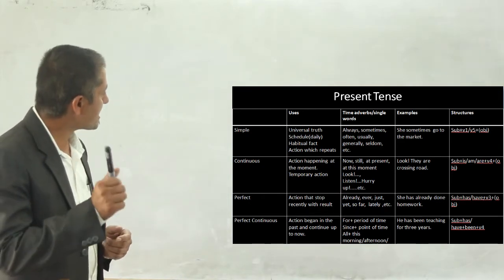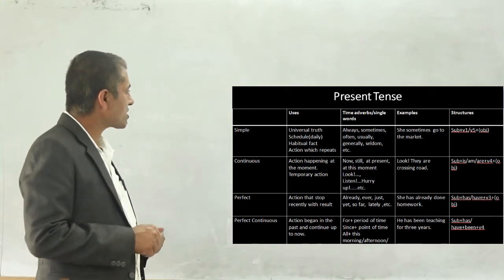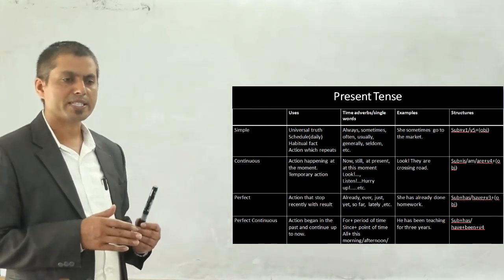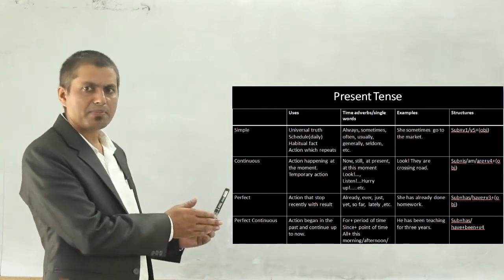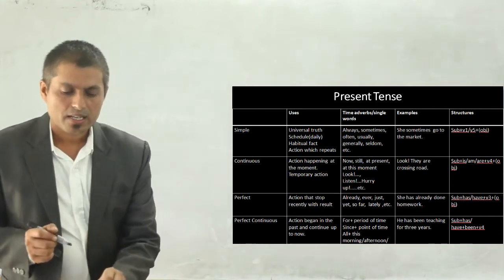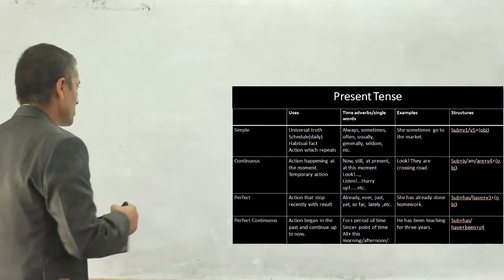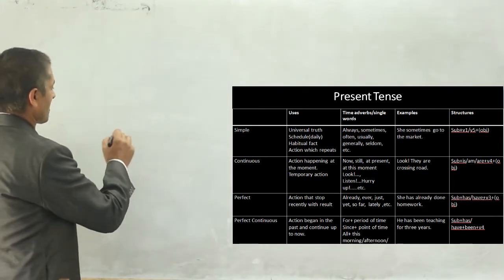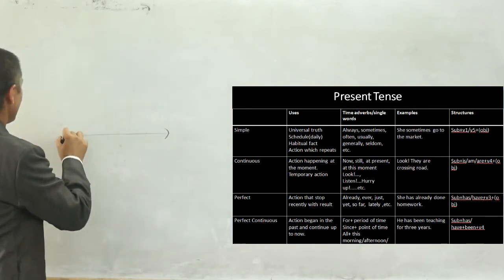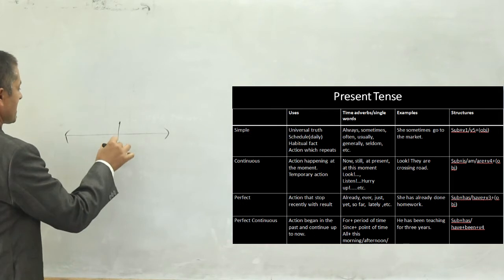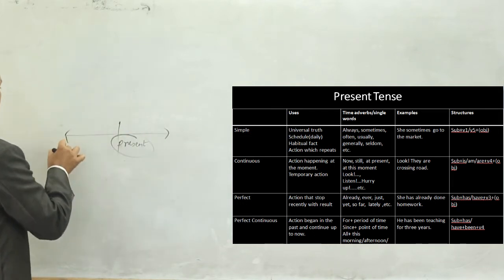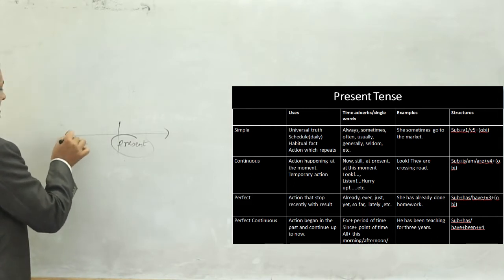In present simple tense. Action which repeats means in your previous time, present time, even future time you do such activities. For example, you can see here this is the timeline. This is the present time. This is the past time.